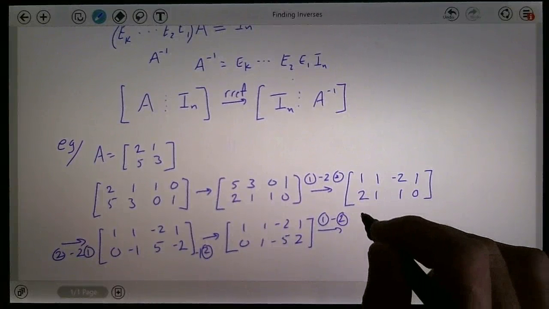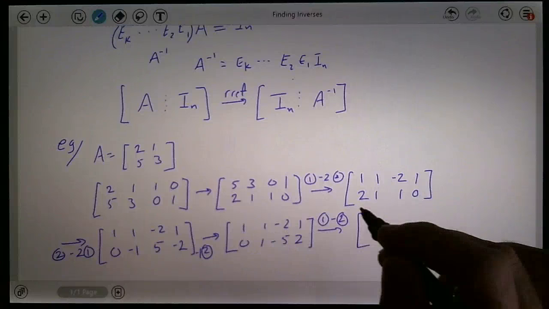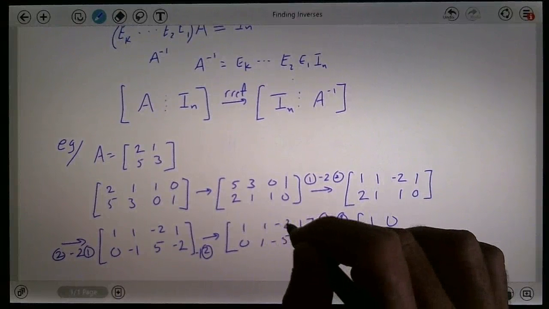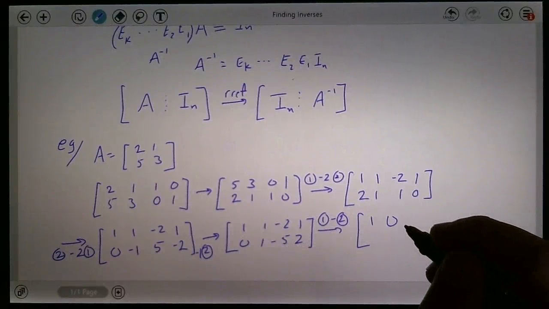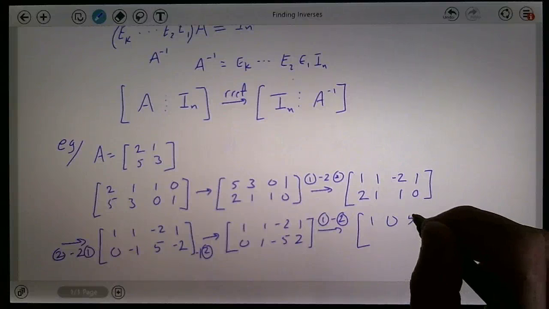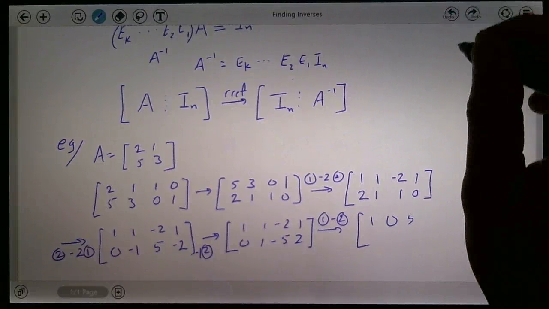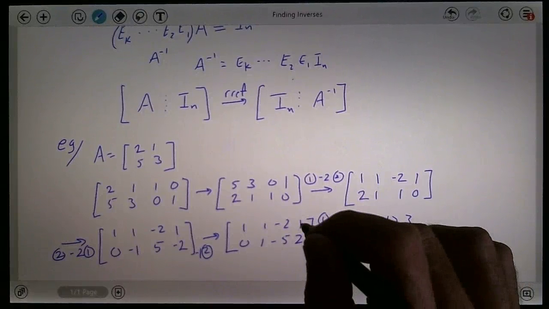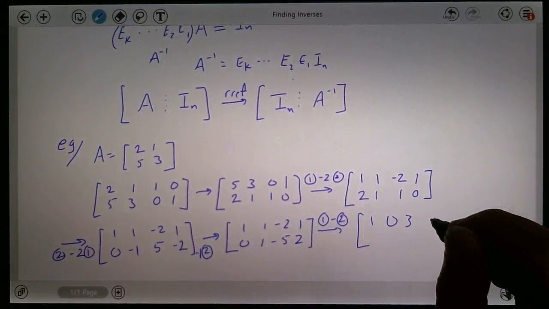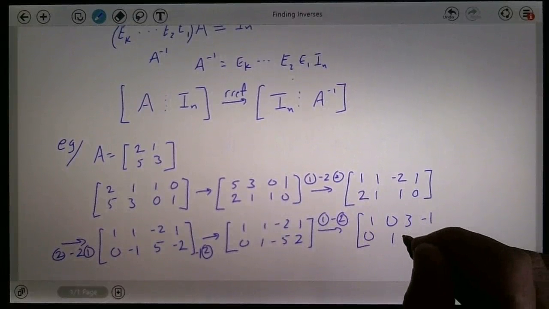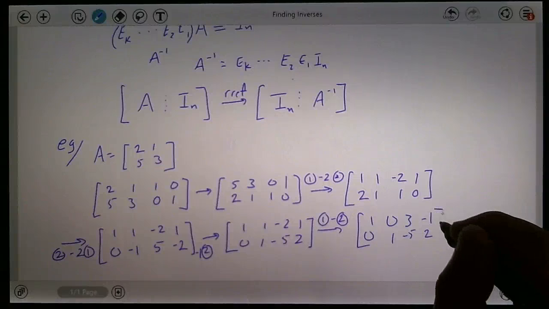So 1 minus 0, 1 minus 1, negative 2 minus negative 5. So negative 2 plus 5, I'm going to put a 3 right here. And 1 minus 2 is minus 1. And then I've got 0, 1, negative 5, 2.